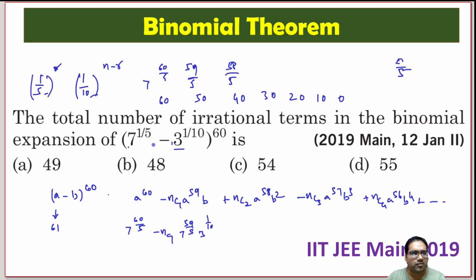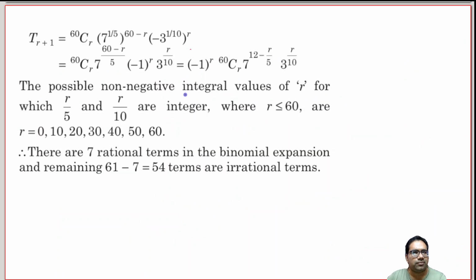So 7^(1/5) to the power 60 goes with 3^(1/10) to the power 0. 7^(1/5) to the power 50 goes with 3^(1/10) to the power 10. Similarly, 40/5 goes with 20/10.